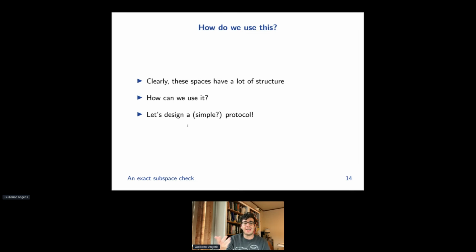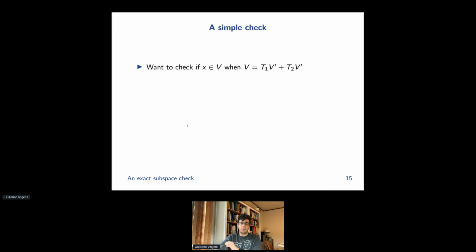Okay, so let's design a simple-ish protocol that does exactly that. What is the check that we want to achieve? Well, we start with a vector x, and we would like to check that the vector x is in some vector space, capital V. We're going to assume, of course, that this vector space is known. We don't know if x is in this vector space, but the vector space itself is known.